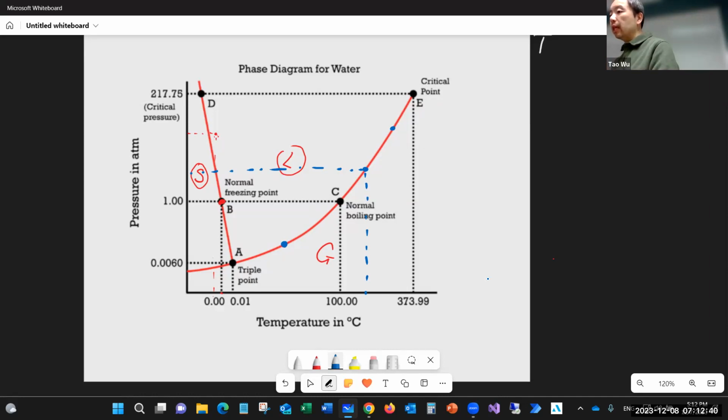This area is a gas phase and this area is a liquid. If a dot is here, that means at this temperature and pressure, we're going to have a solid and a liquid phase.